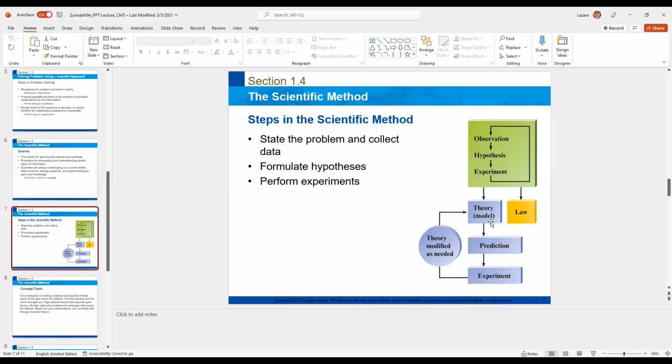The theory is more complicated. It is a model that can make predictions, and by doing experiments, you can modify this theory.